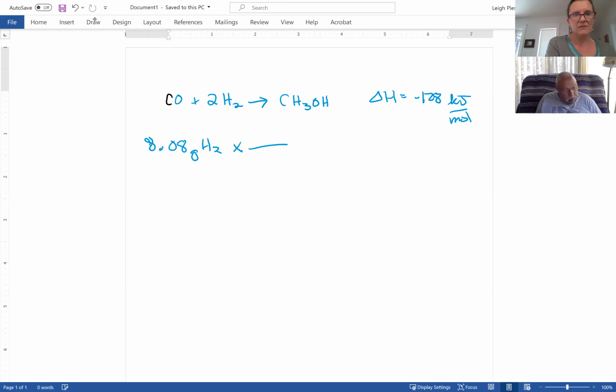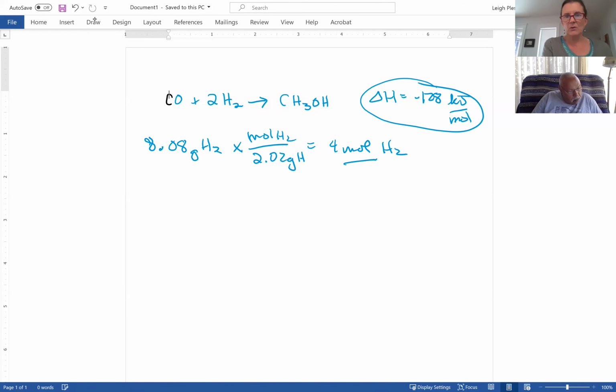You would convert that to moles of H2, at 2.02 grams of H2 per mole of H2. So that would give you 4 moles of H2. And this value here is per 2 moles of H2, so you should get double the amount. It should be minus 256 kilojoules. It would be C. Yes.